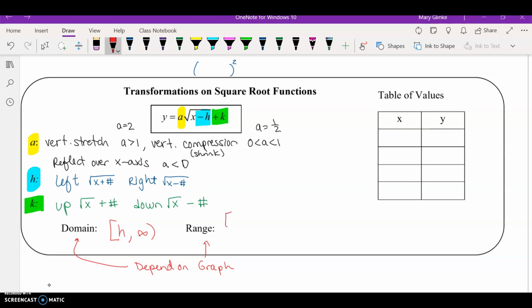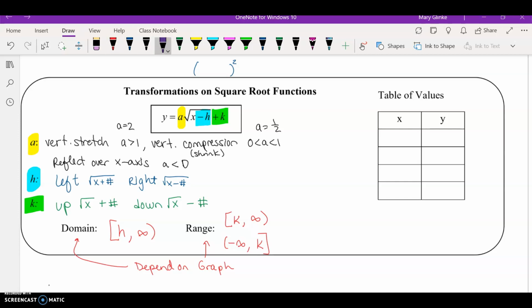And your range will either start at how far up and down you went and go up forever, or it's going to start pointing down and get up to however you shifted up and down. So really it depends on your graph. I would look at your graph for your domain and your range, but if you like using H and K, you can look at these as well.